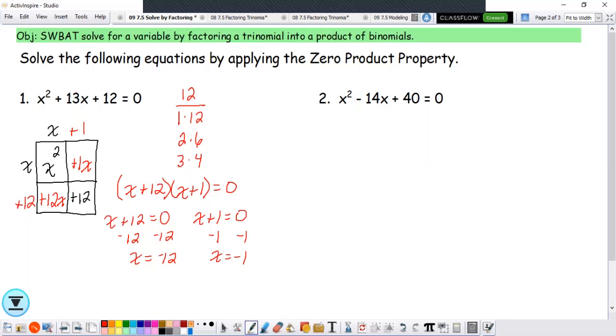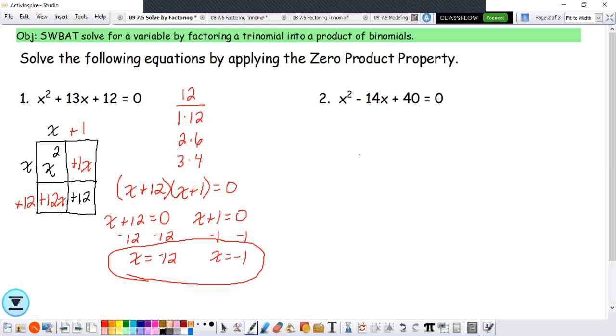And if we subtract the 156, we'd have 0. If we plug in negative 1, negative 1 squared is 1. 13 times negative 1 is negative 13. And then plus 12, well, 1 plus 12 is 13. Subtract 13 would be 0. So they both work. So these are our solutions. We have done it correctly.